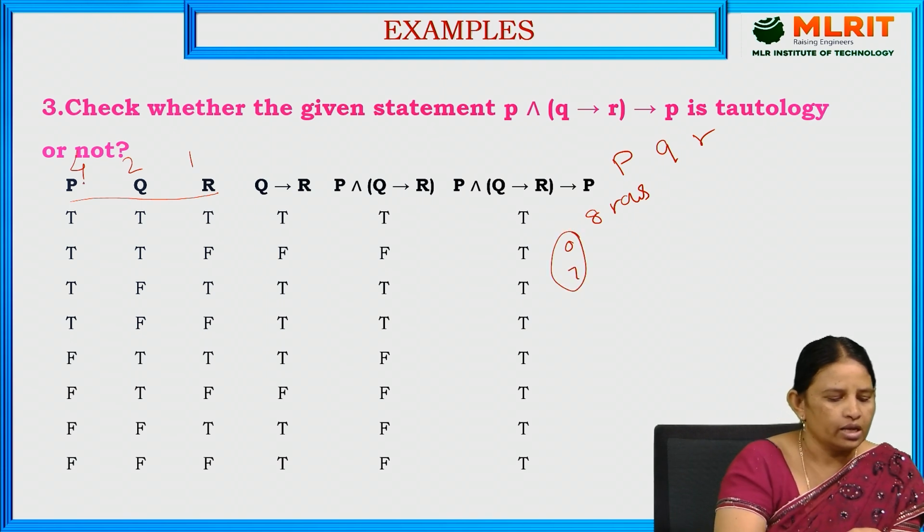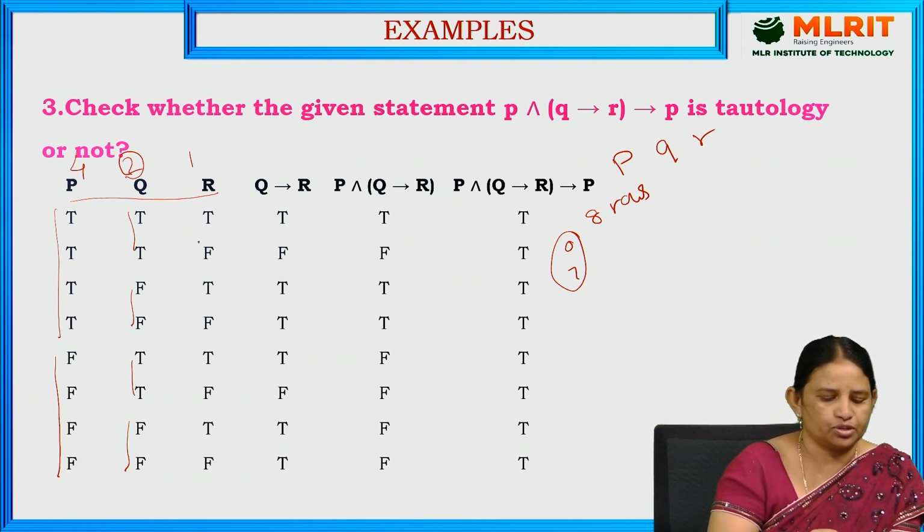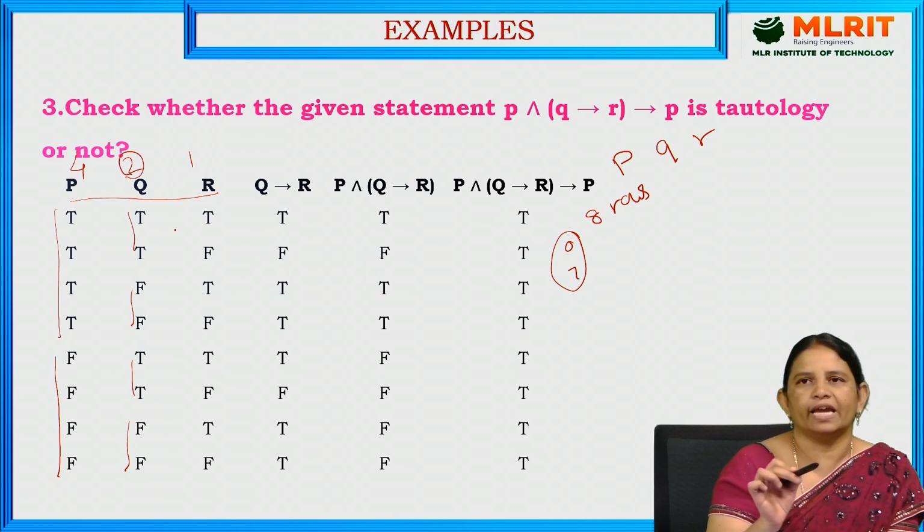First 4 values are true, then the next 4 values are false. The next combination is true, true, false, false, true, true, false, false. Then the last is true, false, true, false, true, false, true, false. So in total we can form 8 combinations.